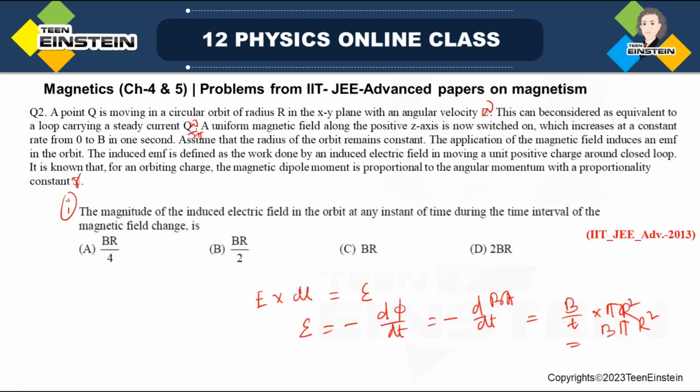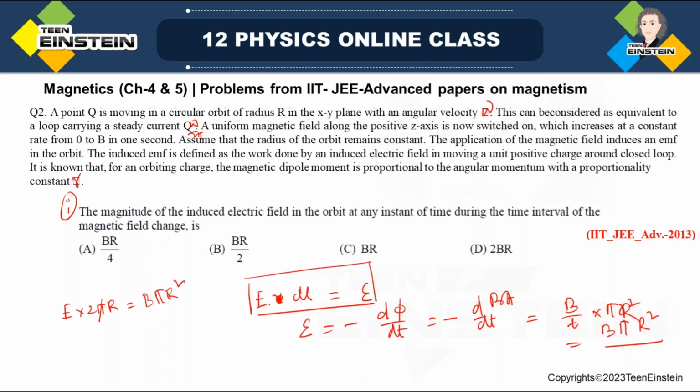So put into this equation: this is the electric field, actually a dot product. E dot dl is equal to EMF. What is dl? dl is the circumference. So E into 2 pi r is equal to the EMF induced, which we found is B into pi into r square.